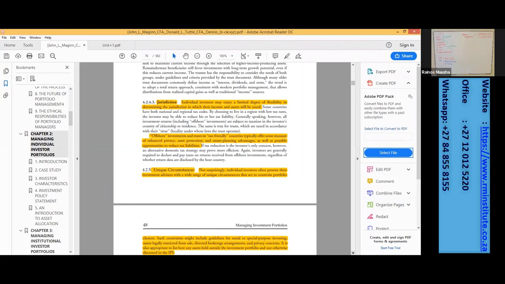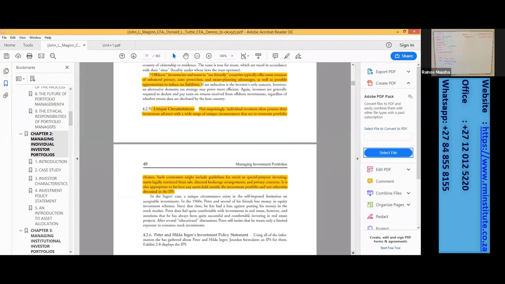Then the last constraint that you have to take into account would be unique circumstances, where they say, not surprisingly, individual investors often present their investment advisors with a wide range of unique circumstances that act to constrain portfolio choices. Some constraints might include guidelines for social and special purpose investing, assets legally restricted from sale, directed brokerage arrangements, and privacy concerns.